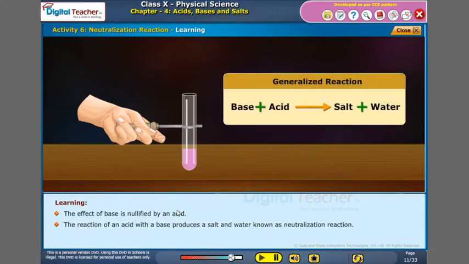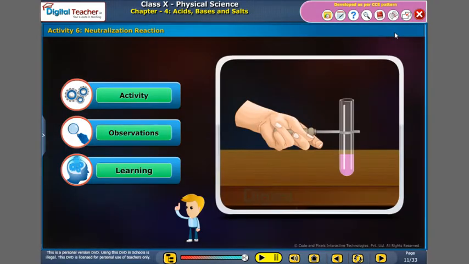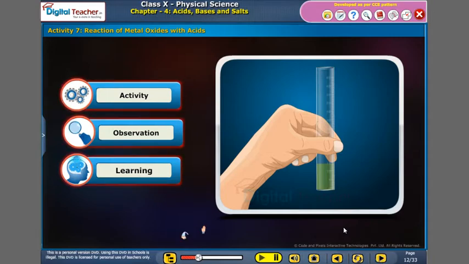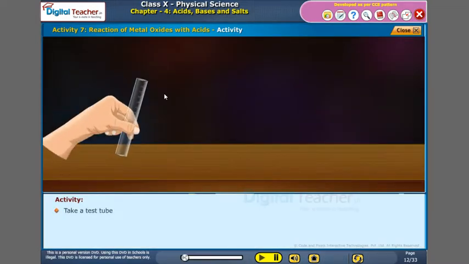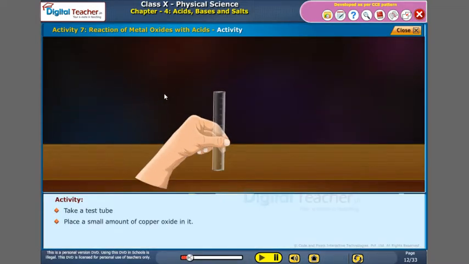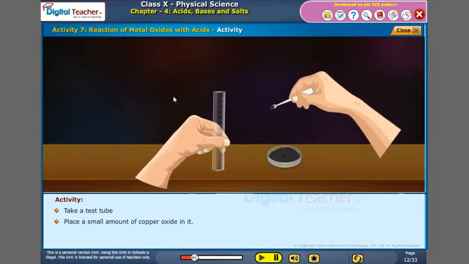Let us learn the reaction of metal oxides with acids. Click each tab to learn more. Take a test tube. Place a small amount of copper oxide in it.